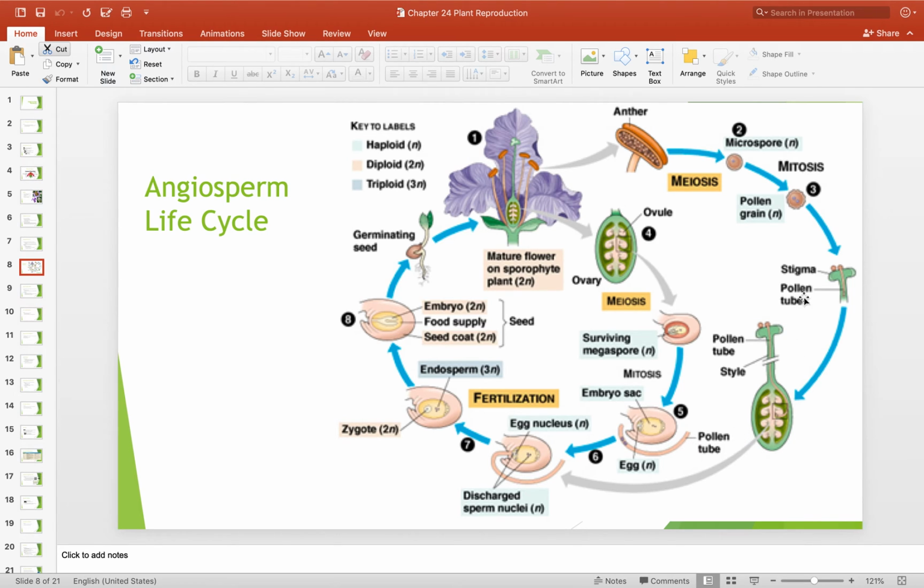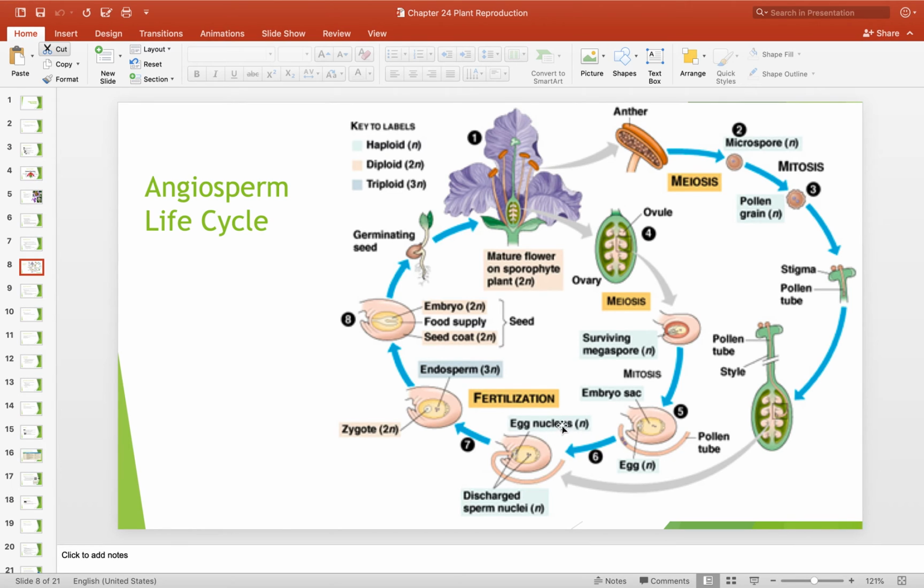So you can see here, the ovule is the female. That female is going to develop into a megaspore, which is going to form the embryo sac. Then you have the male gametophyte, or the pollen, that is going to reach the ovule, which is happening here.